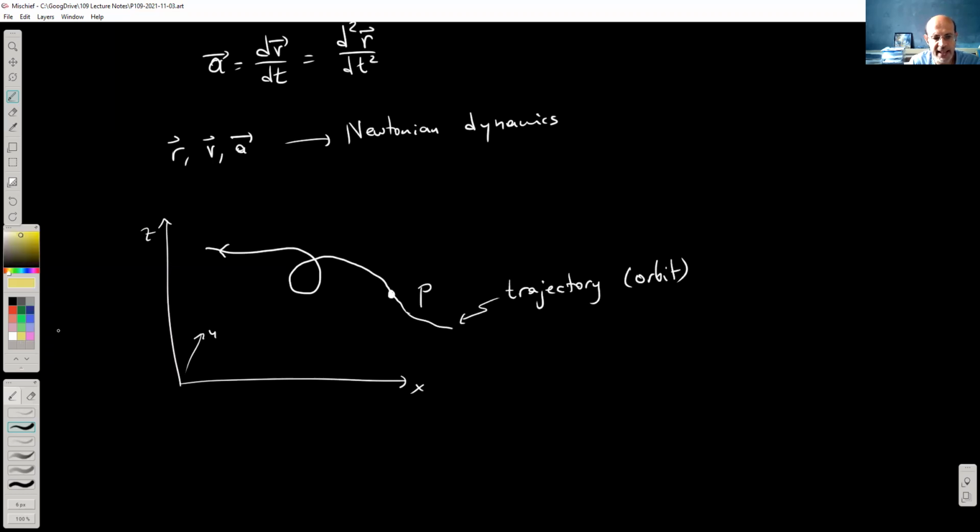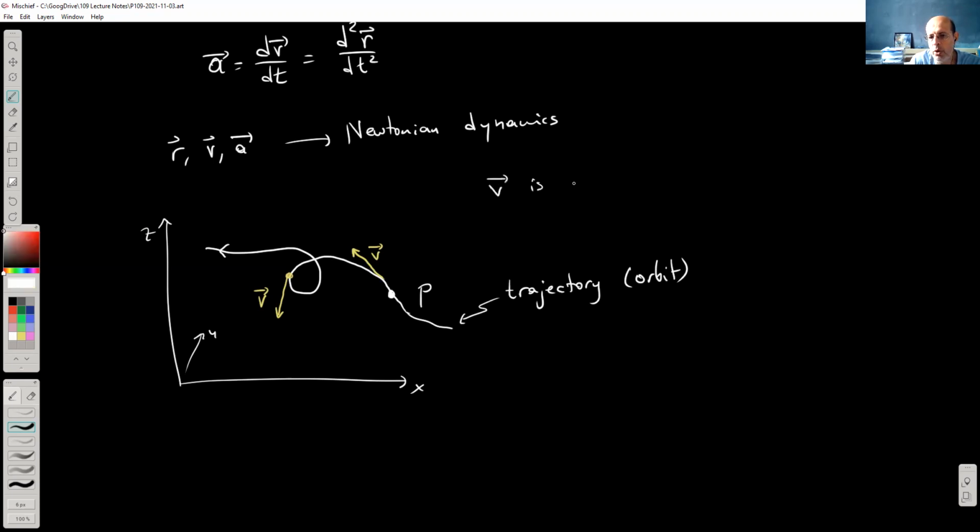So in all of these cases, the instantaneous velocity is always tangent to the trajectory. All right, let's say it like that.